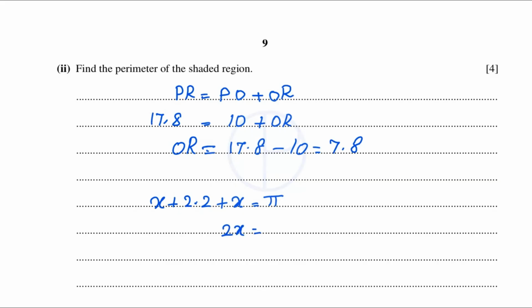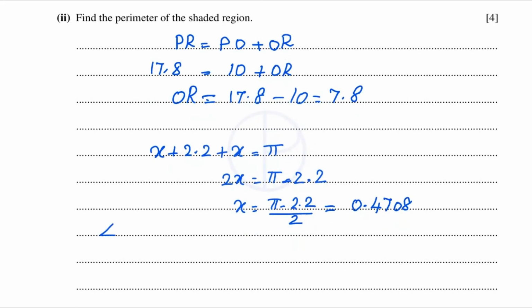So 2x is pi minus 2.2. So x is (pi minus 2.2) divided by 2, which is 0.4708. So the angle at P is 0.4708.